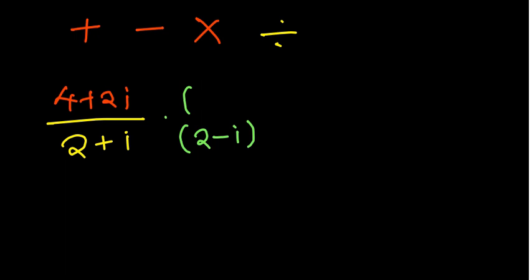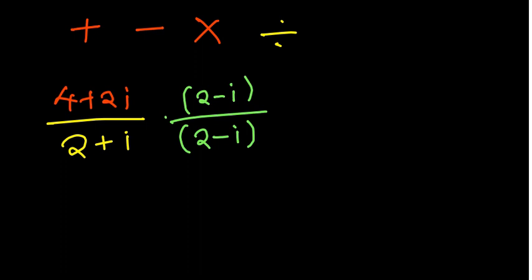Then on top, what do we do? You also put the conjugate. Essentially, if you're dividing something by itself, it is equal to what? A 1, right? So in this case, we're not changing what is on the left.